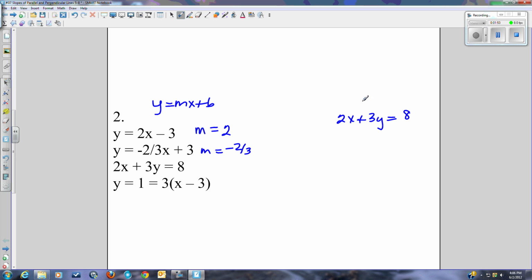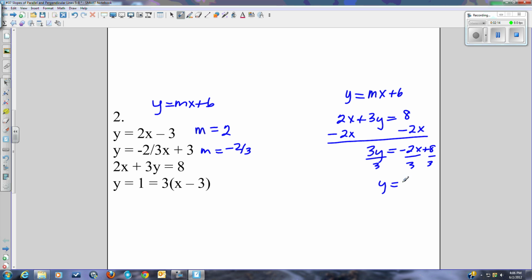So what we want to do is get this into slope-intercept form, so we're going to have to solve for y. So subtract 2x from each side, and we have 3y equals -2x plus 8. Divide everything by 3, and we get y equals -2/3 x plus 8/3.